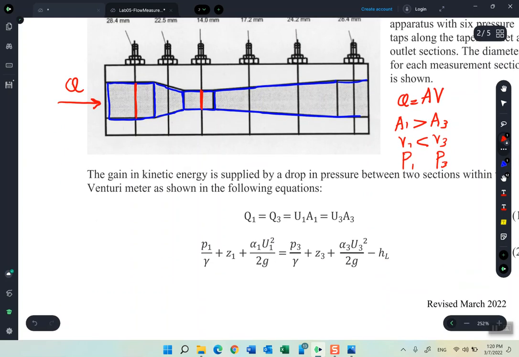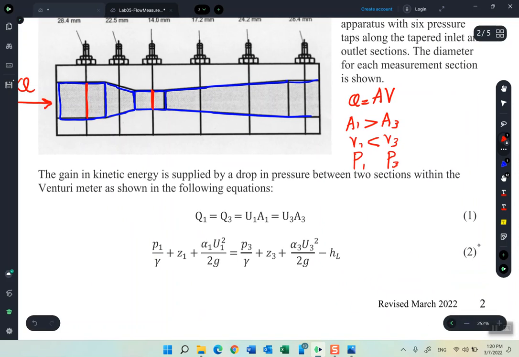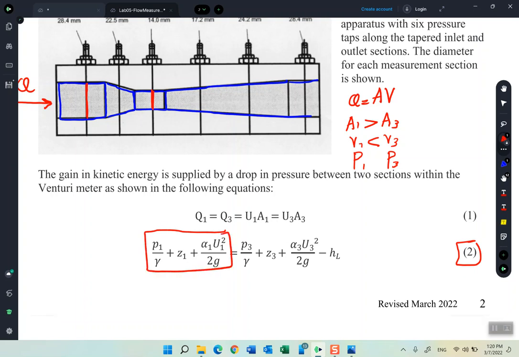If you take a look at equation number 2, which is the energy equation, for the left term, which is the energy at section 1, we have 3 components: the pressure, the elevation Z, and the velocity component. Of course, at the same section, you have the same energy.